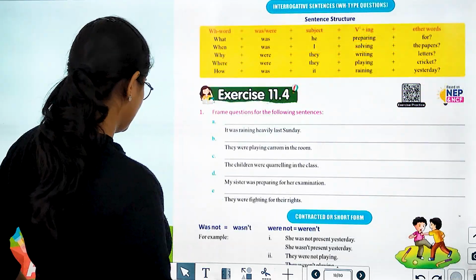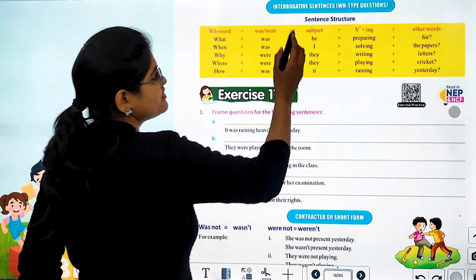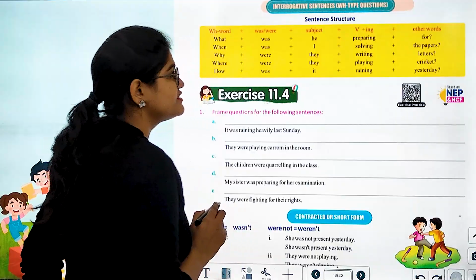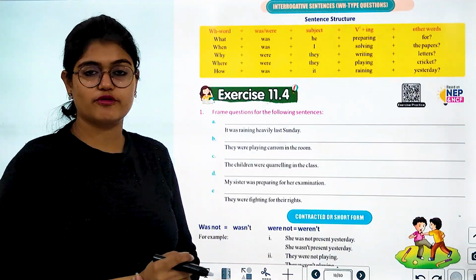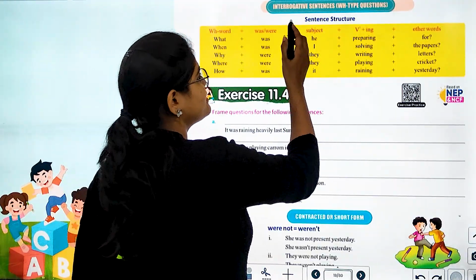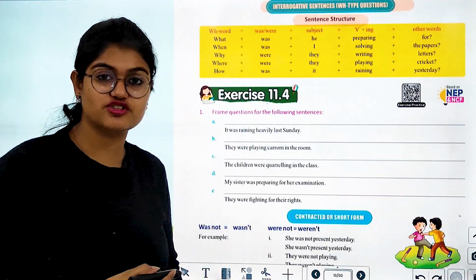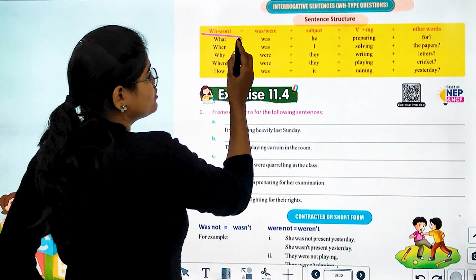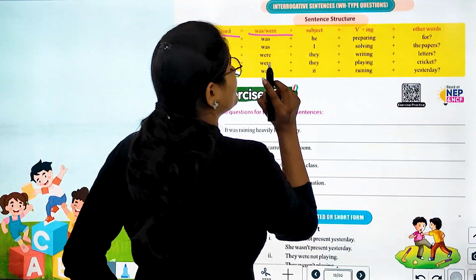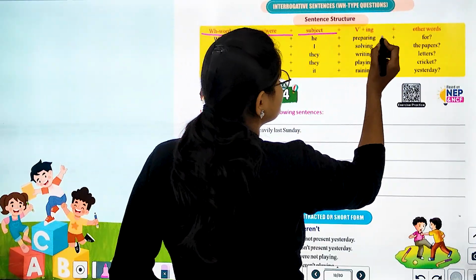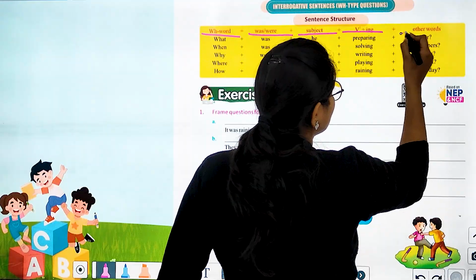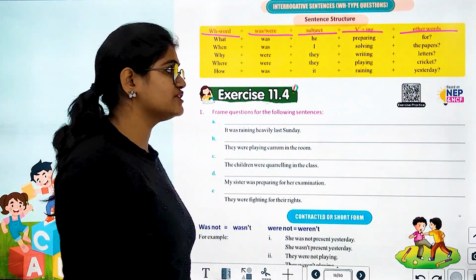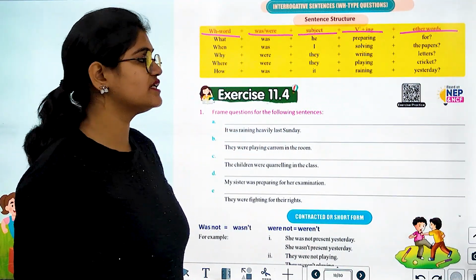Correct? Next up that we have is the interrogative sentences with WH type questions, right? So let's have a look on their sentence structure now. So they are WH words with was or were plus the subject plus verb ka first form with ing plus the other words.